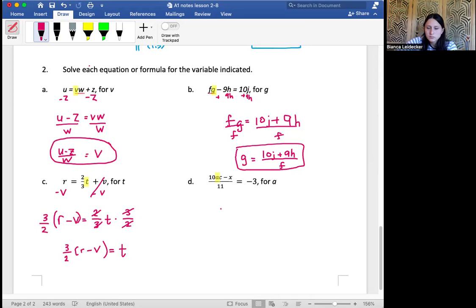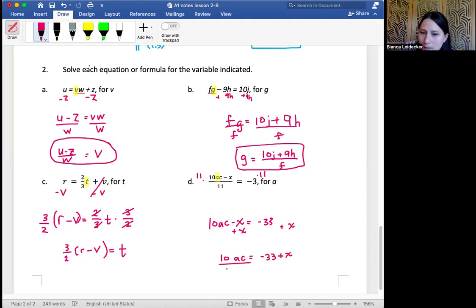Last one. I want a by itself, so let me get rid of this 11 first by multiplying on both sides. Now I have 10ac minus x equals negative 33. I'm going to add x on both sides before I start dividing things. 10 times a times c equals negative 33 plus x.